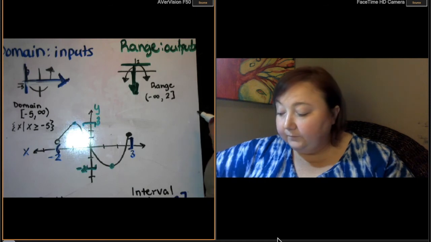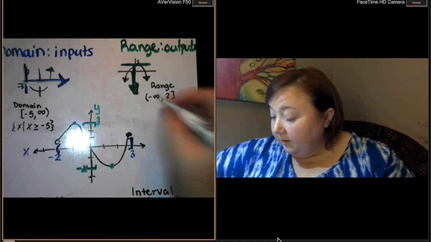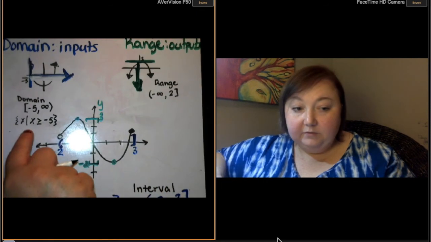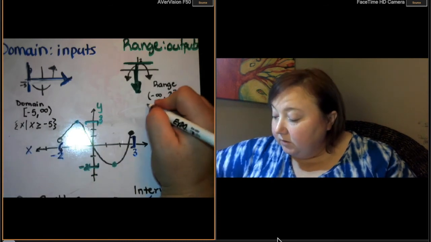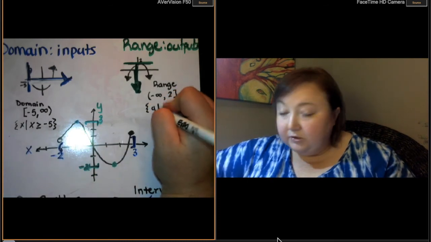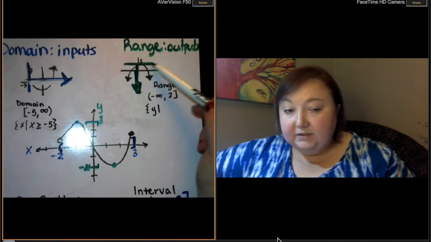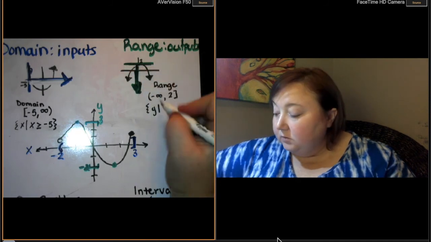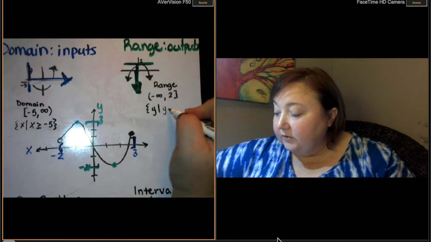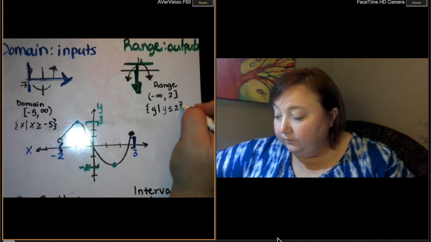So when we're talking about set builder notation, it's the y values such that, well, we're talking about all y values that are less than or equal to 2. So we would say y values such that y is less than or equal to, because 2 is included, the number 2.